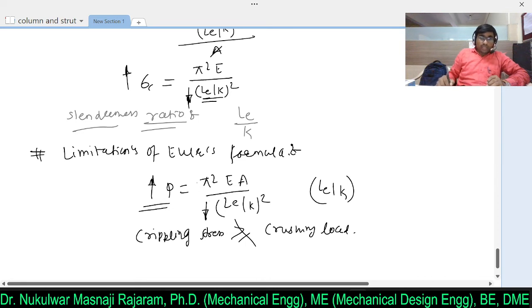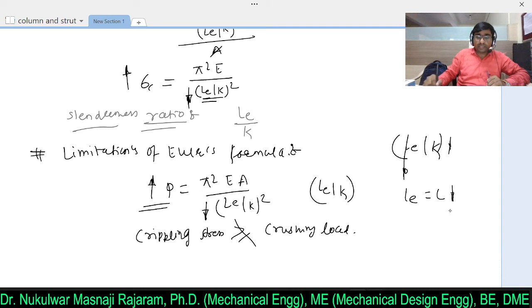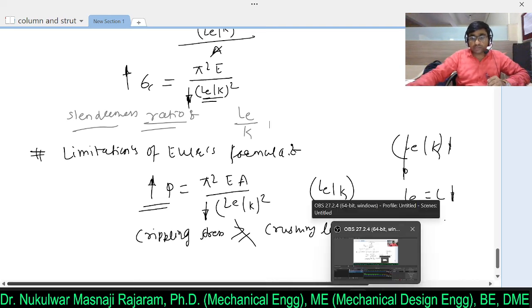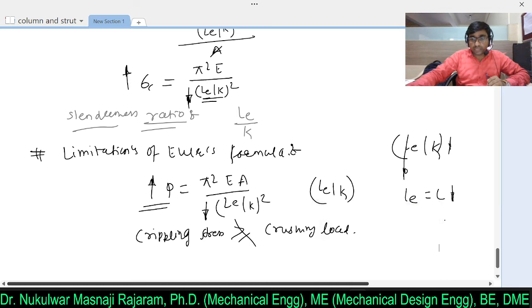So why does this happen? When this slenderness ratio, that is Le by k, is very small, if this effective length, or we can say length, is very small, then that is called a short column. Clear?